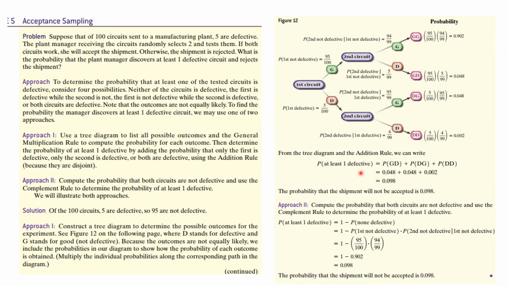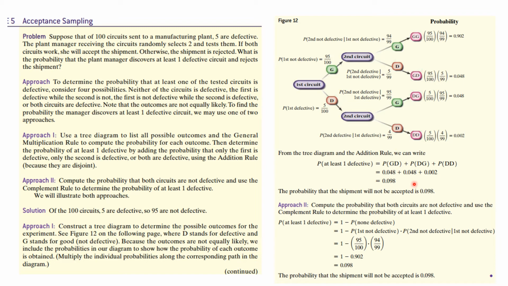Now the probability of at least one defective is the probability that we go on branch G, D, plus the probability that we go on branch D, G, plus the probability we go on branch DD. Now these things are disjoint sets, so we just add these probabilities and we get this.